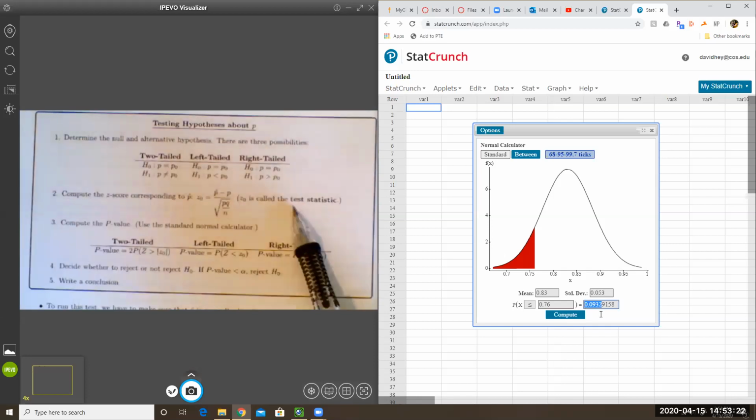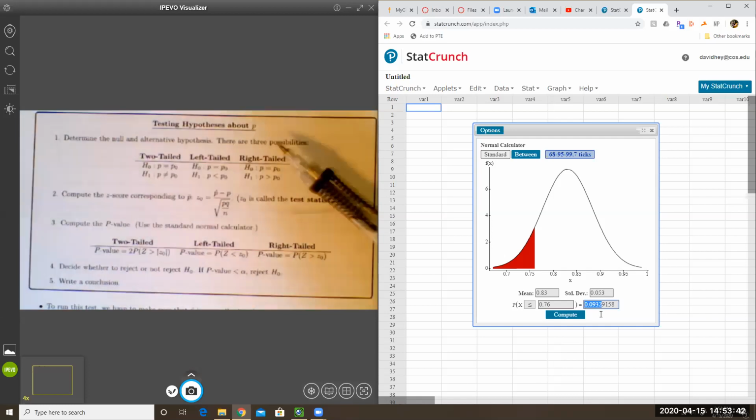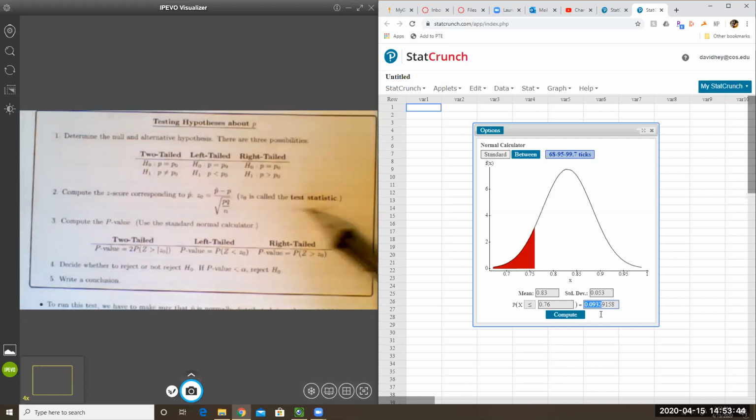That's called the test statistic, and this is the formula for computing it. We're not going to do any of these by hand. StatCrunch will compute the test statistic for us. And if we're using StatCrunch to run the hypothesis test, then really we don't even need the test statistic, to be completely honest with you.